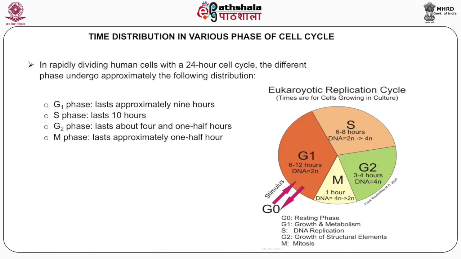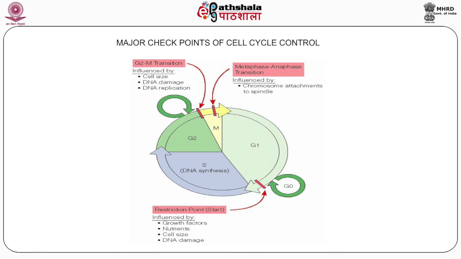The G1 phase lasts approximately 9 hours, S phase lasts 10 hours, the G2 phase lasts about 4.5 hours, and the M phase is the shortest phase, lasting just about 30 minutes. In early embryos of fruit flies, the cell cycle is completed in about 8 minutes.